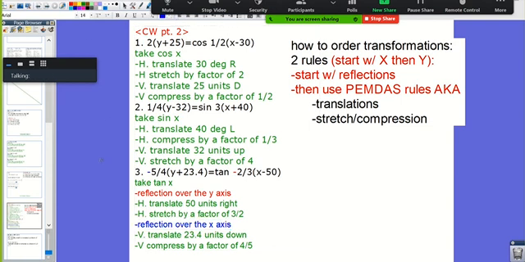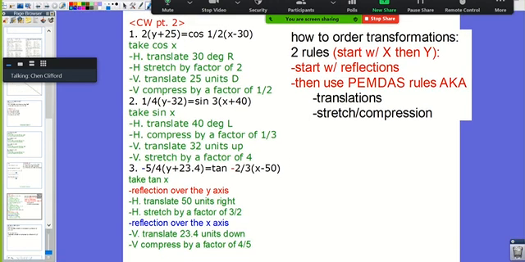And when you do these, folks, start with the x side, and then do the y side. I went over this on Friday. Each time, let's say we're focusing on the x side, start with the reflections, then do translations, and then stretch compressions.